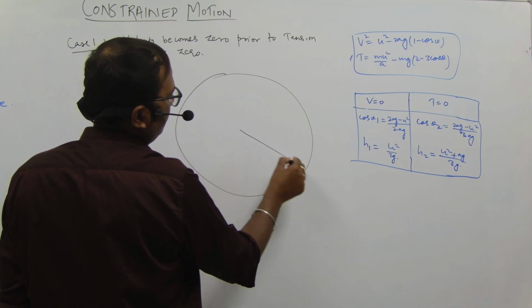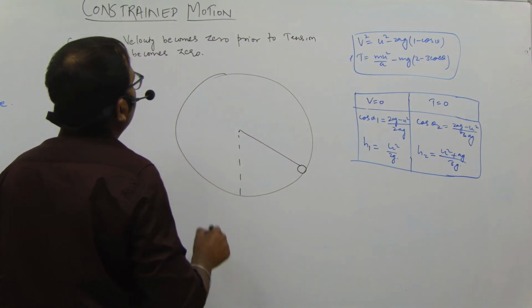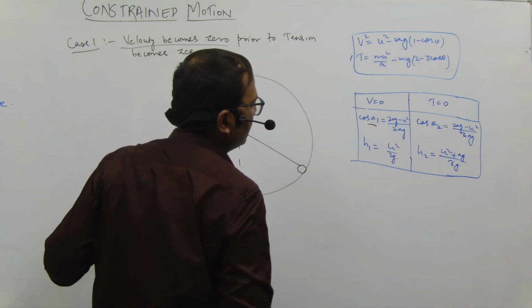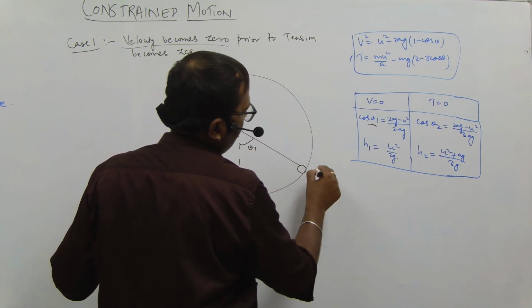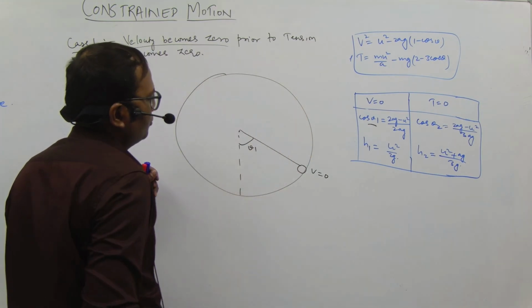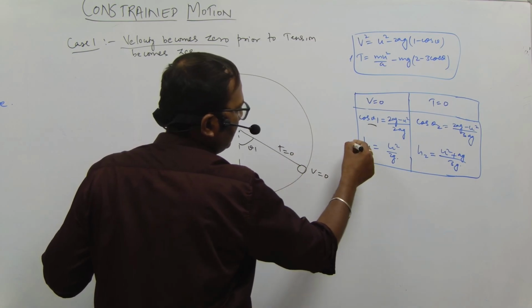So this is our ball. Velocity becomes 0. So we have considered theta 1 as the value of theta when the velocity becomes 0. So this is theta 1. Here velocity is equal to 0, but prior to the tension becoming 0. So at theta 1 tension is not equal to 0. And what is the height?